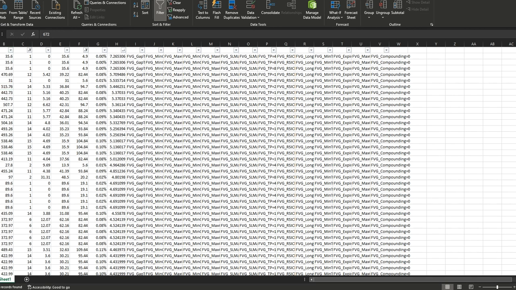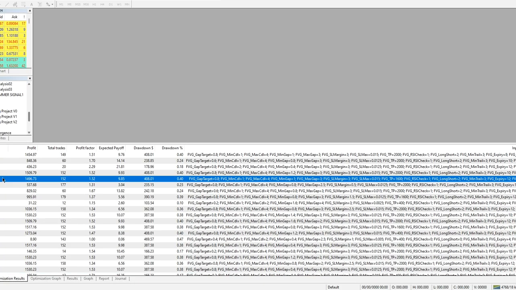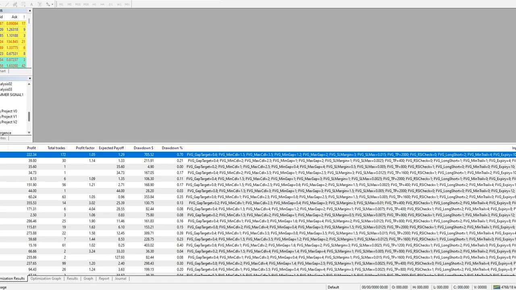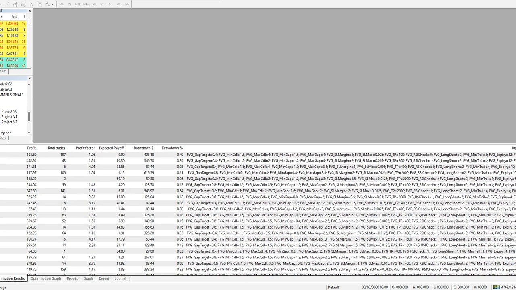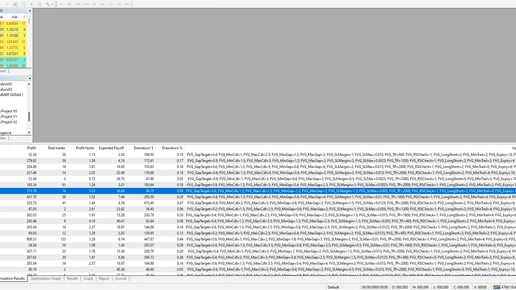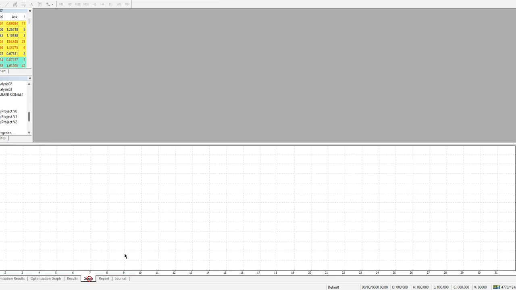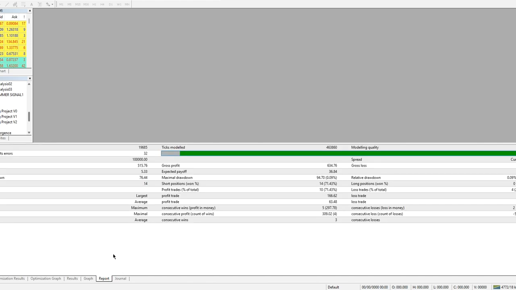So this one is 672. Let's come back here and go find it. $672. So this is the graph for the balance with this strategy. Of course, it's cheat training. It's optimized only for this period.